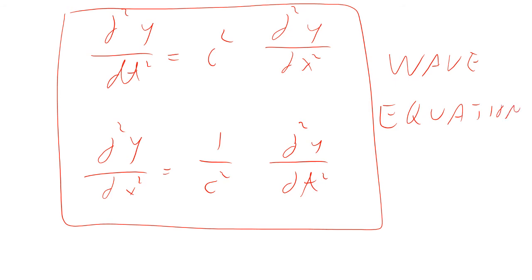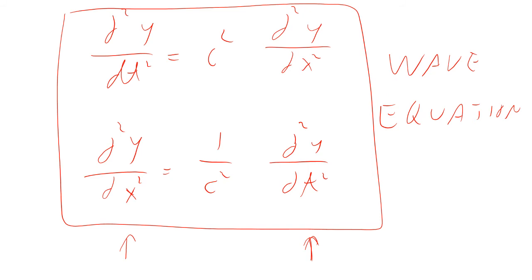Any function where the second derivative with respect to x is proportional to the second derivative with respect to time turns out to be a wave. And what we discover in physics 2 is for electromagnetism that an electric field that is different in different positions, if the second derivative of the electric field with respect to position is proportional to the second derivative with respect to time, in other words, it's a changing electric field, it changes in both space and time.